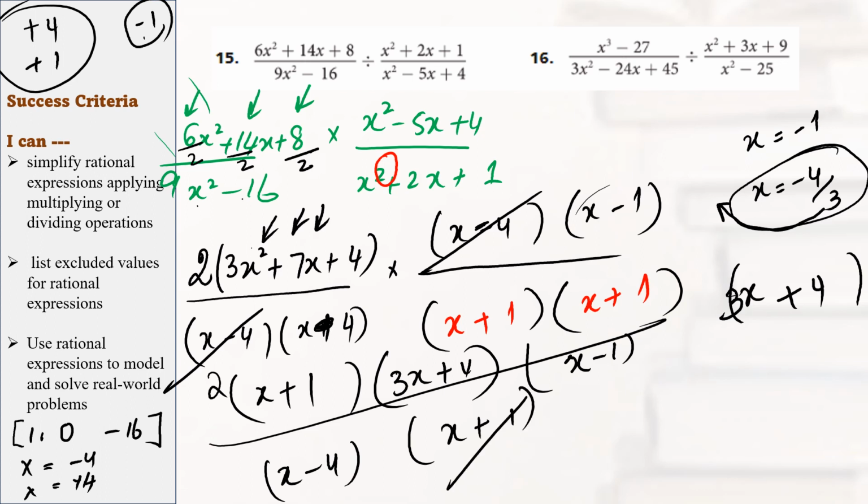Now x plus 1 also cancelled. So what is the final answer? The final answer is 2 times 3x plus 4, and in the denominator it's x minus 4 and x minus 1.